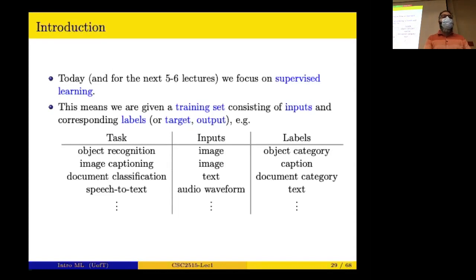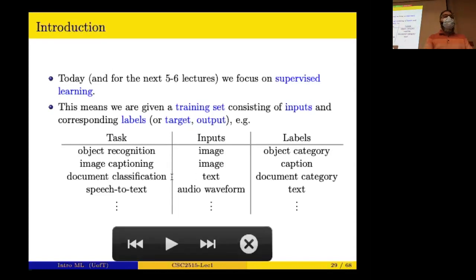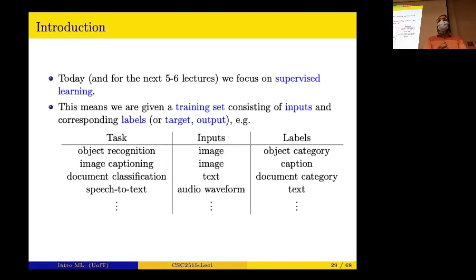For document classification, the input would be text, and the label would be whether this text is political news, sports news, fiction, or something else.